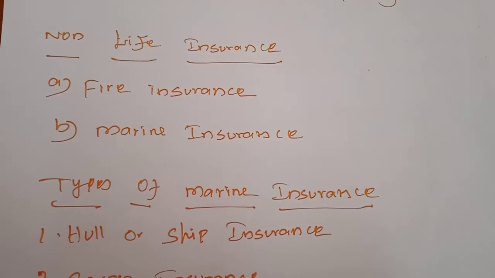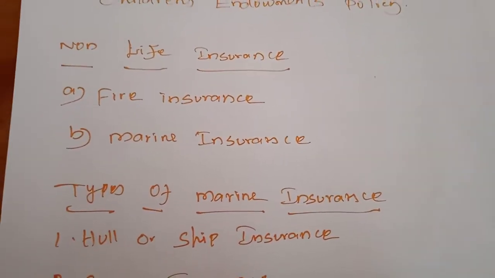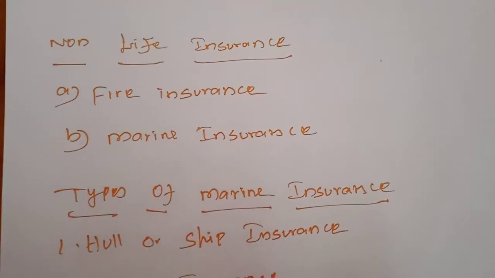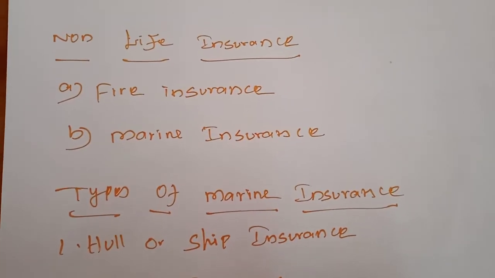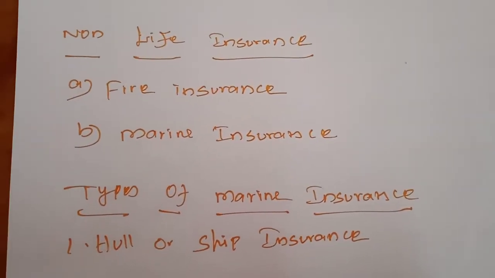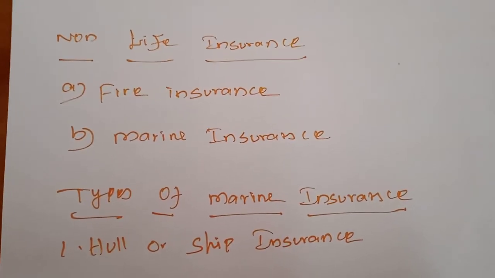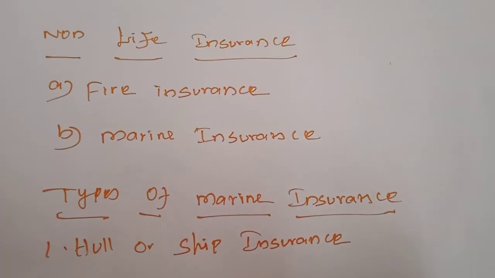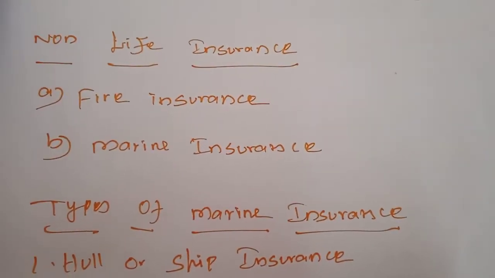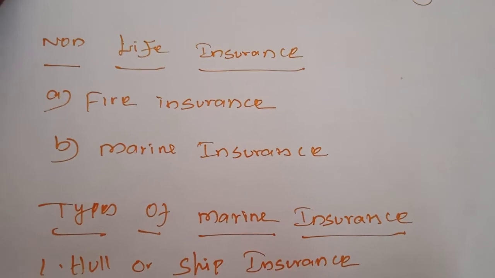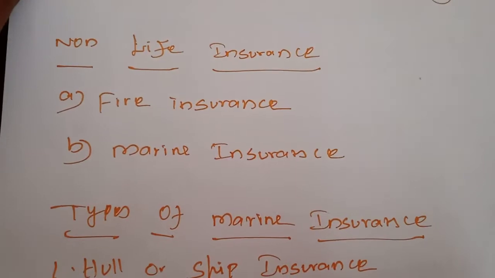The insurance company must inform about all the details of the insurance policy, and the insured also has to inform all the characteristics and features of the subject matter. And it is based on the principle of strict indemnity. Strict indemnity means that the insured will never get more money than the amount paid or the actual loss.